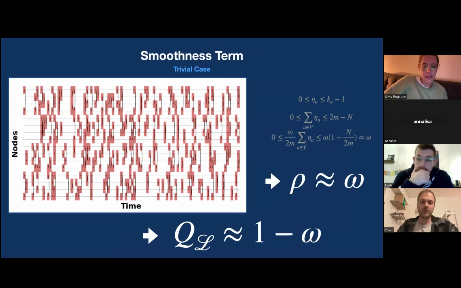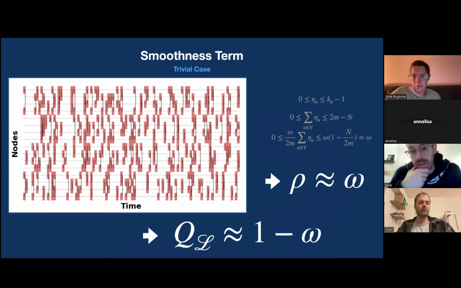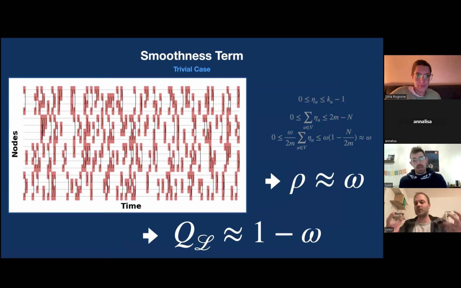Okay. Yes. First, what I forgot to say is that we decided to consider community structures that are the most general possible. So we allow nodes to have nights, communities to have nights, so to not belong to any community. That's why we can have this kind of community structure.